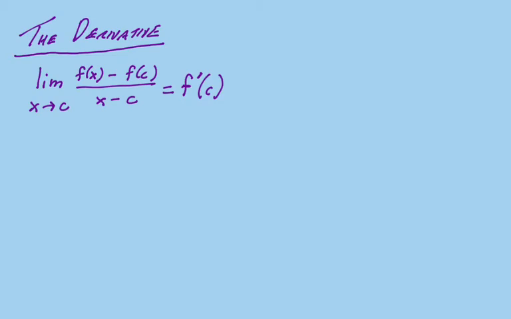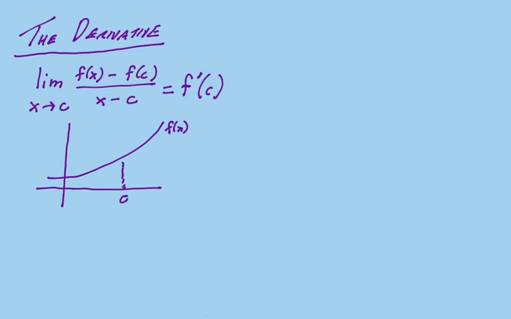Now, one thing that you should notice about this is if we drew a graph of what's happening here. So here is maybe the c that we're trying to find the derivative of, and this is our f of x.